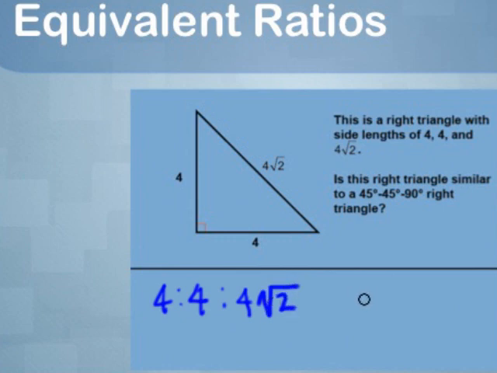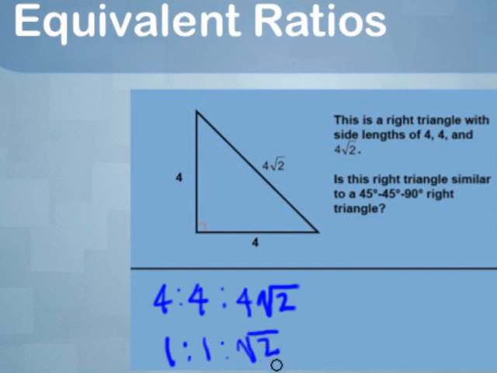The question is whether this triangle is similar to a 45, 45, 90 degree right triangle. These types of triangles are in the ratio 1, 1, square root of 2. So is 4, 4, 4 square root of 2 equivalent to 1, 1, square root of 2?